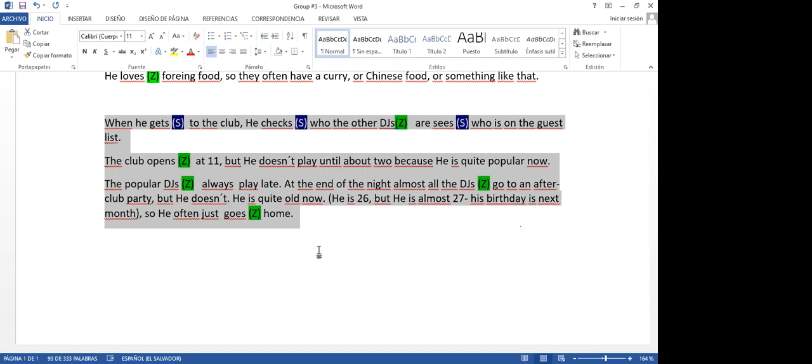The popular DJs always play late. At the end of the night, almost all the DJs go to an after club party, but he doesn't. He is quiet all now.